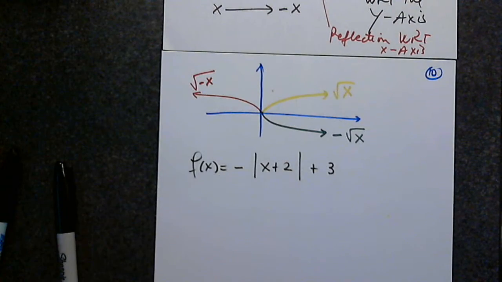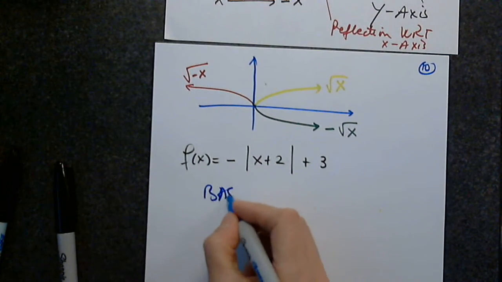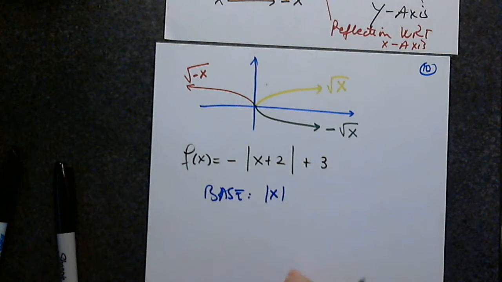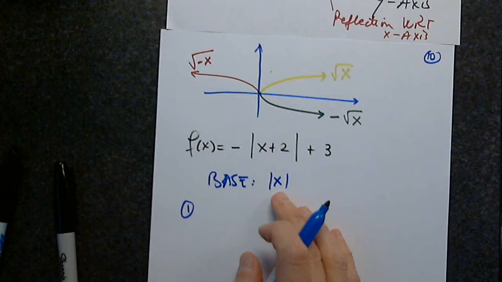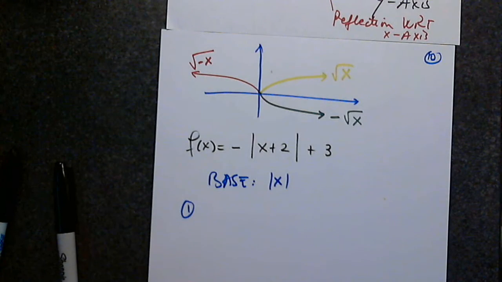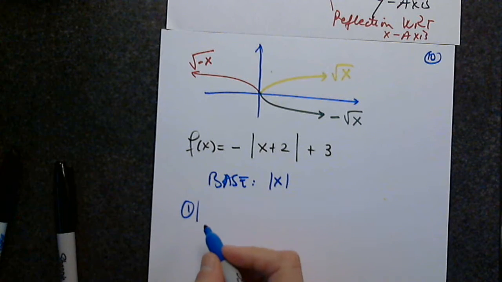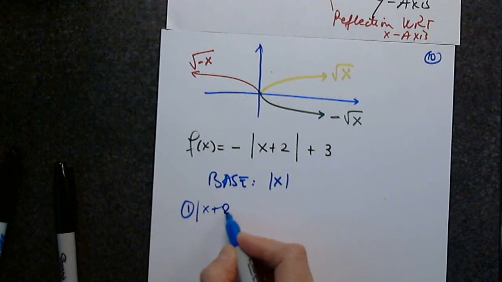That's my first step. Yes, base is the absolute value of x. First transformation is on the absolute value of x. Can anyone give us the first transformation on the absolute value of x? The absolute value of x plus 2, right, is the first operation.